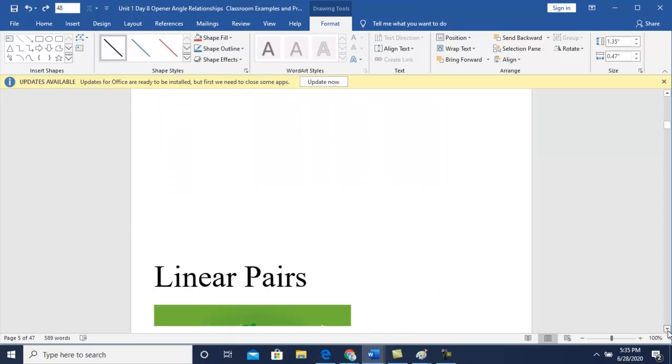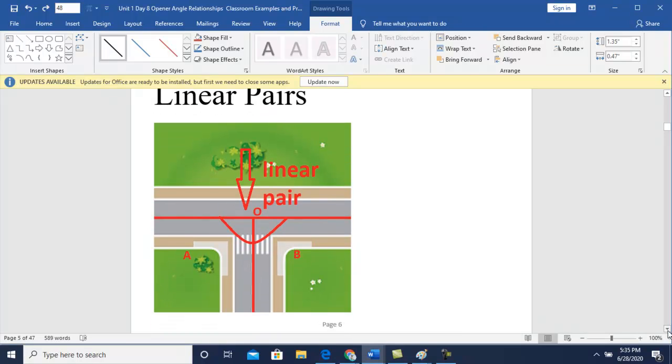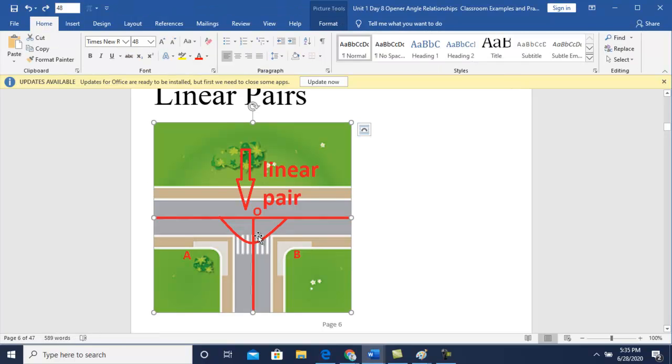Here to show you some examples of linear pairs. Here's a picture of a linear pair. Remember, this is a little bit of review. If you have a linear pair, you have a straight line and then you have two angles that are adjacent to each other. They share a common side. So that would be an example of a linear pair.